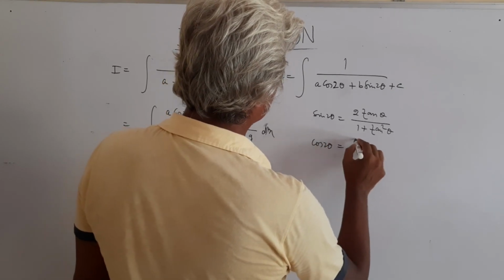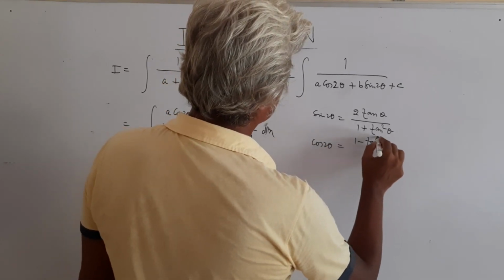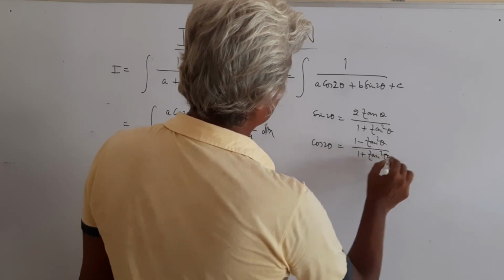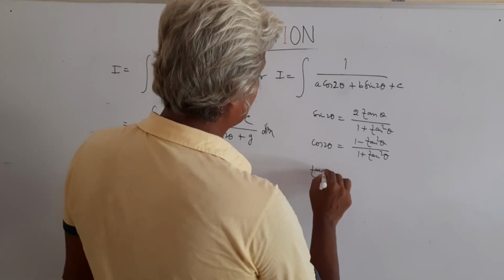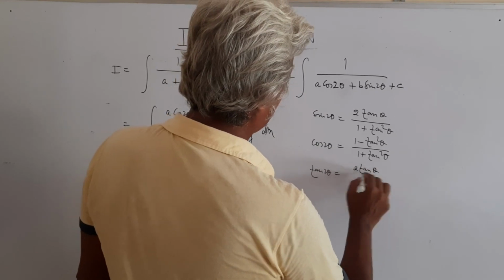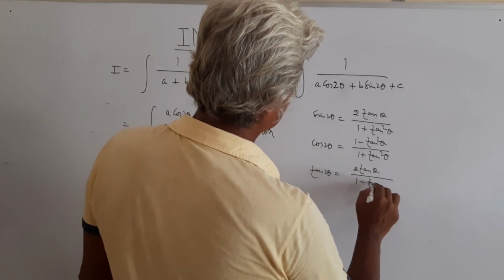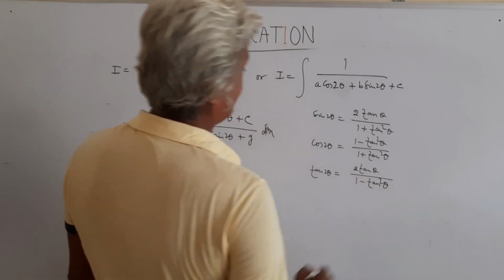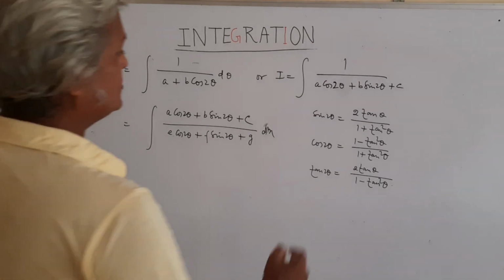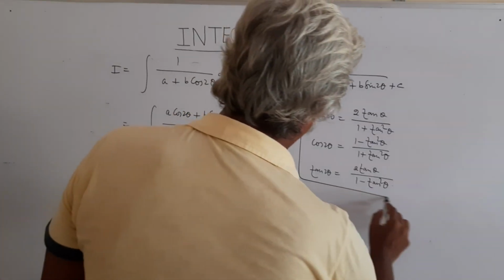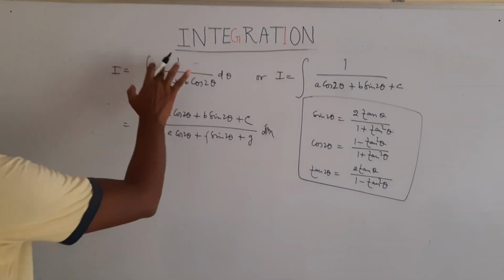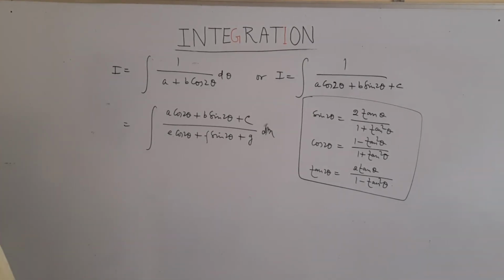Cos 2 theta is 1 minus tan square theta upon 1 plus tan square theta, and tan 2 theta is 2 tan theta upon 1 minus tan square theta. But we are not going to use these formulas directly, we will be using them indirectly or by changing them in different forms.